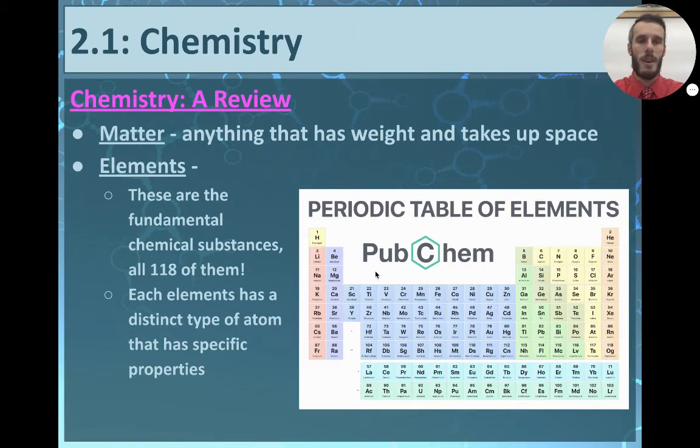So first, starting very basic, talking about matter, which is anything that has weight and takes up space. That brings us to the periodic table of elements, of which there are 118.